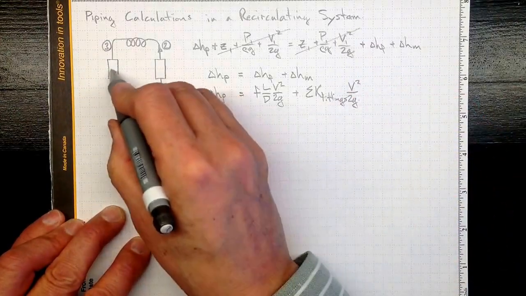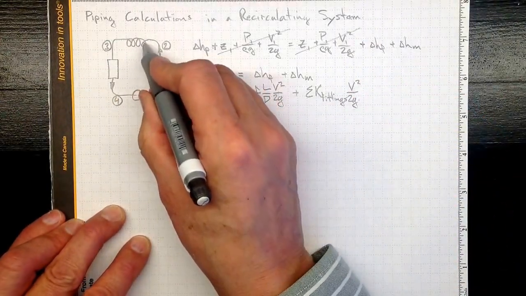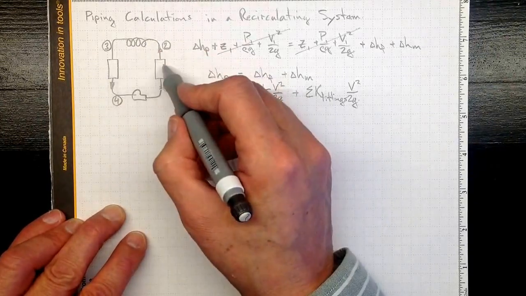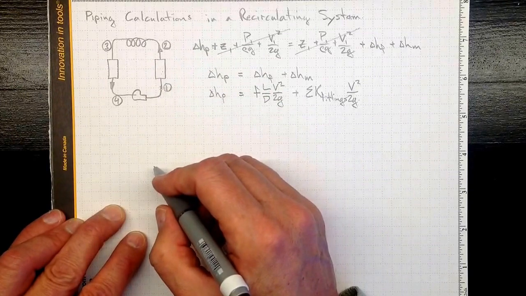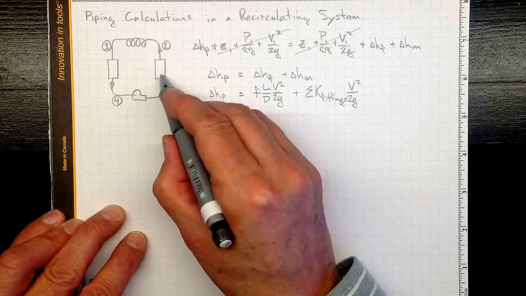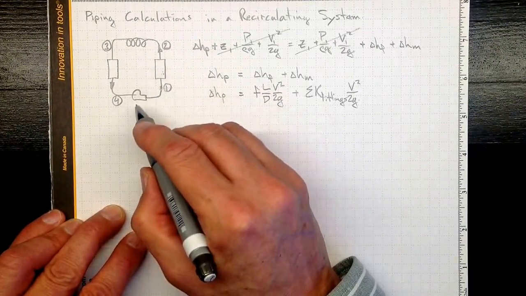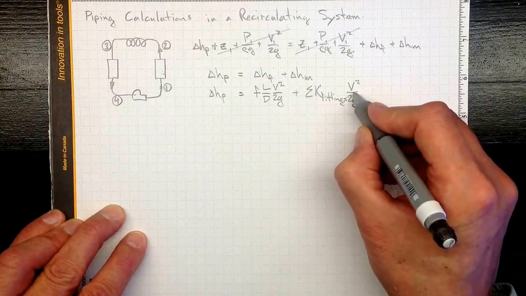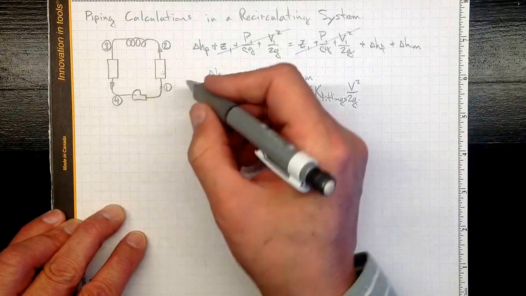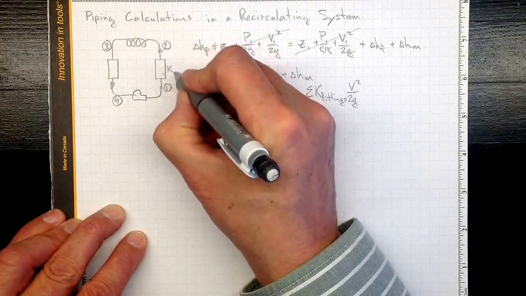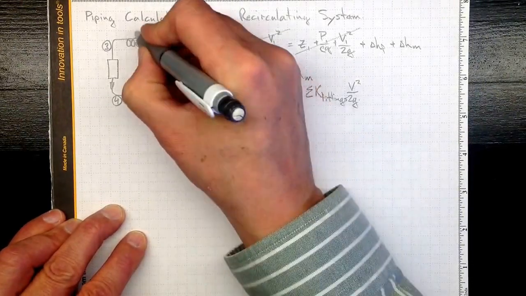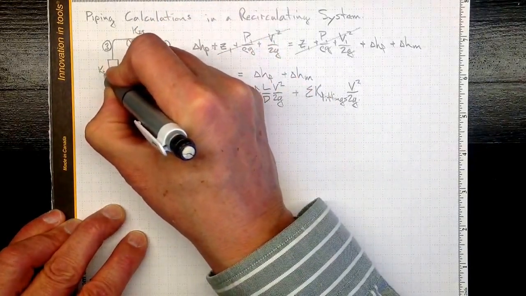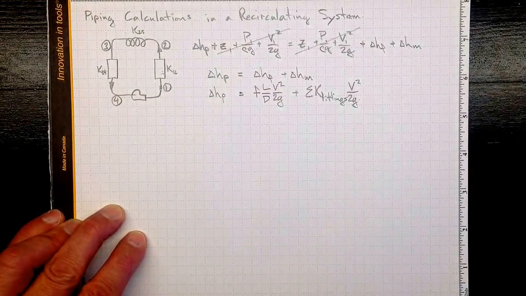But what about these other components in here? These might be heat exchangers or tubing in a boiler or some other system that we don't know very much about. We would need to use K factors for those as well. We expect them to behave the same way with this V squared over 2g factor as anything else, and we'd need to know that K12, that K23, and that K34 for whatever equipment those were.